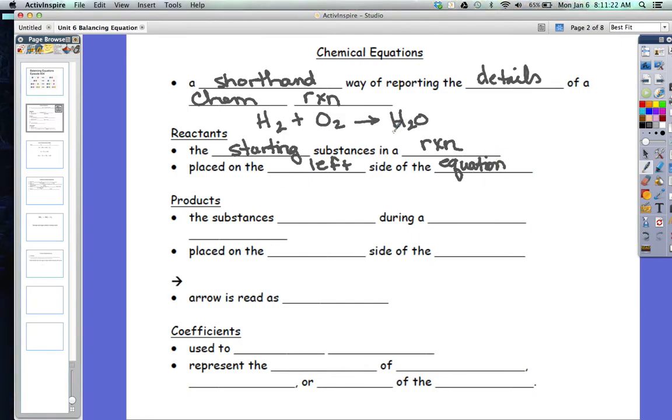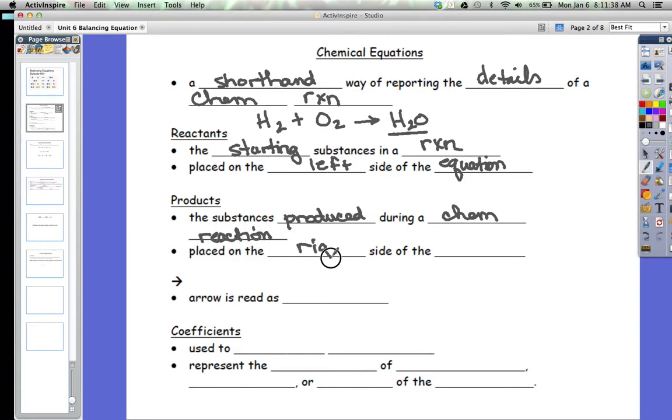Then the products, which would be over here, are what's being produced. Those are the substances produced during a chemical reaction, and they're placed on the right side of the equation.